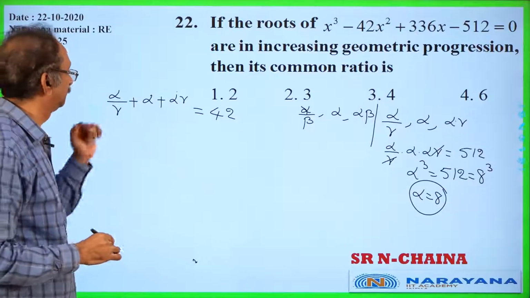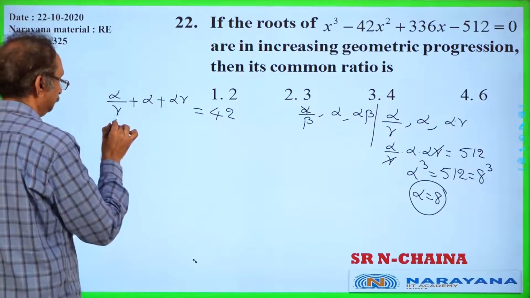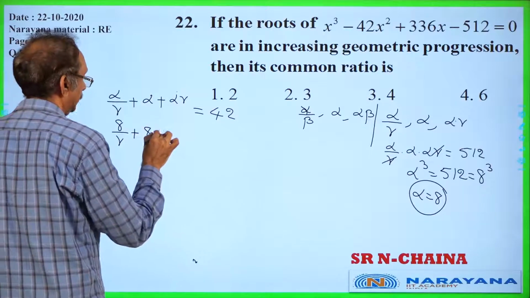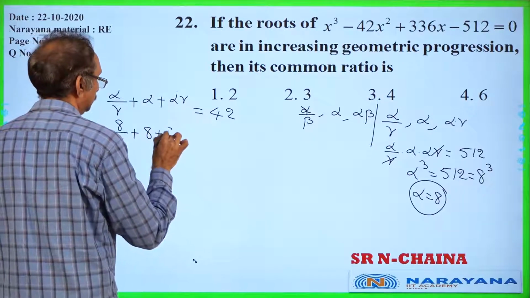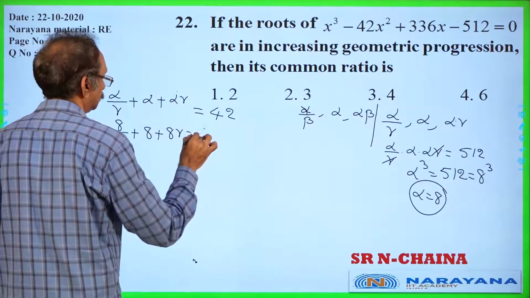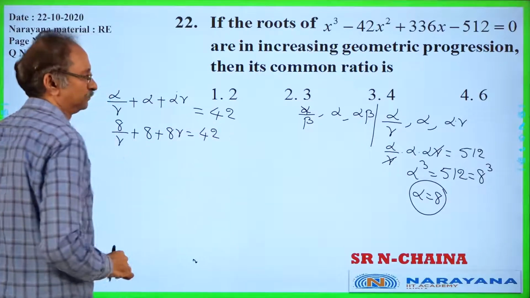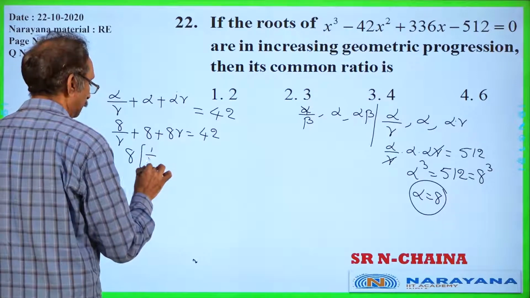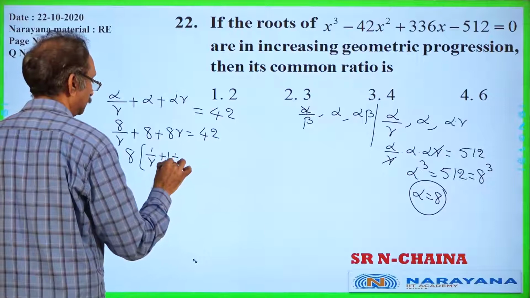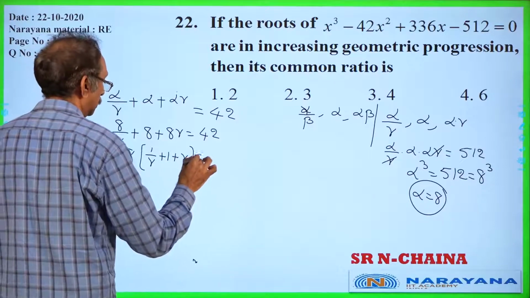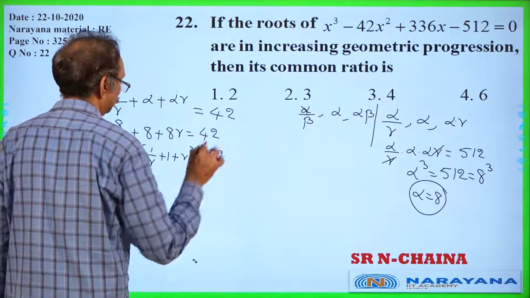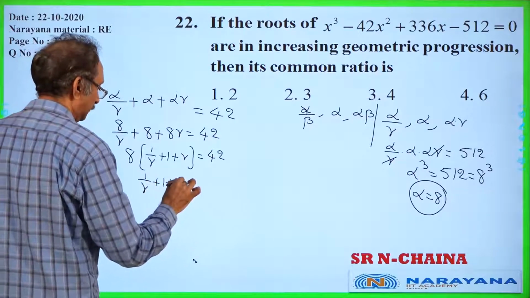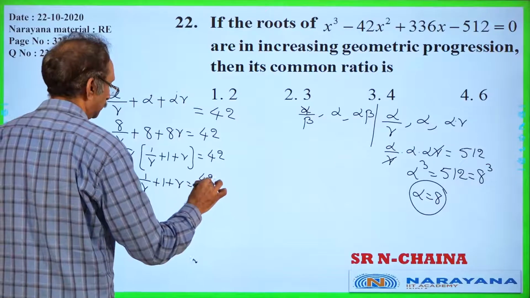And now in place of alpha, write 8 by r plus 8 plus 8r is equal to 42. Okay. And if you take 8 common, 1 by r plus 1 plus r is equal to 42 by 8.